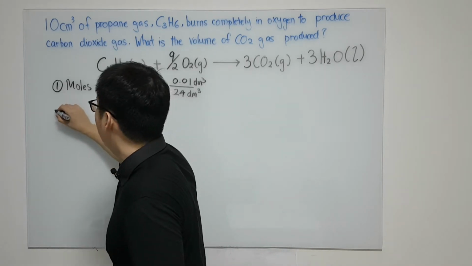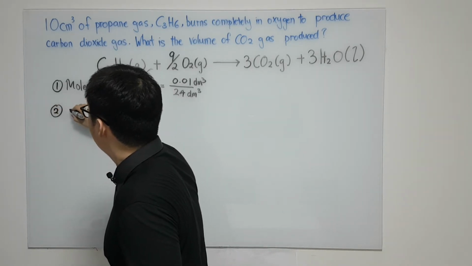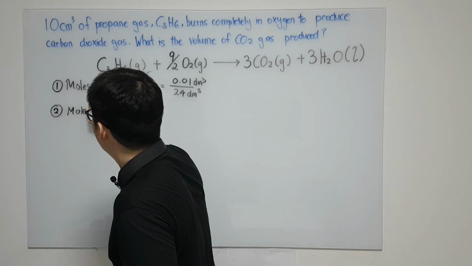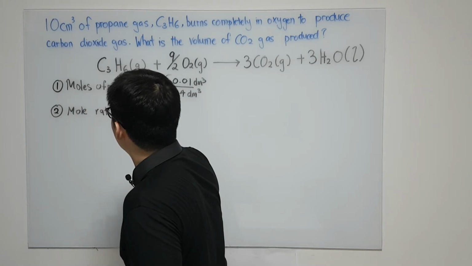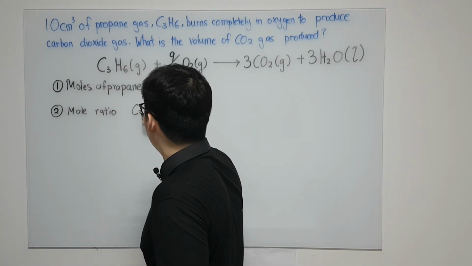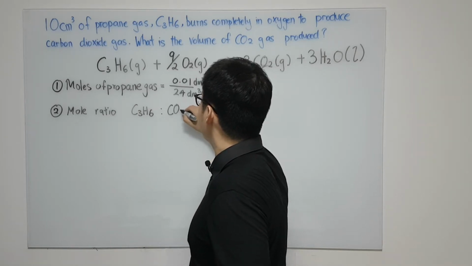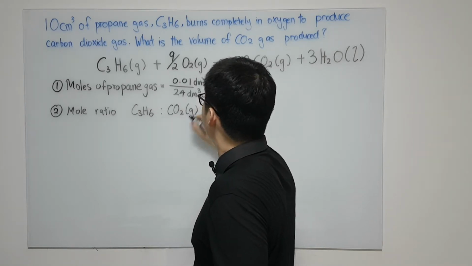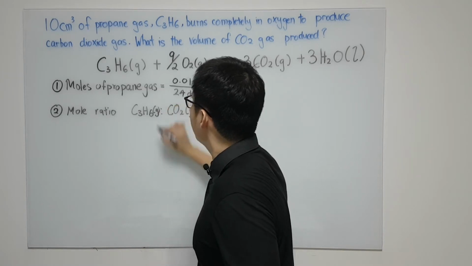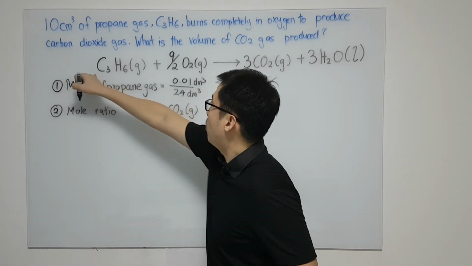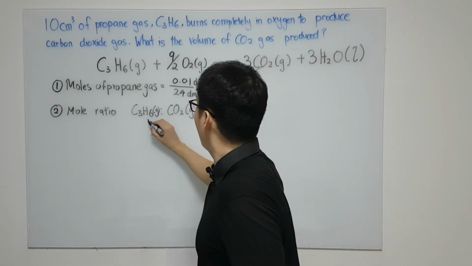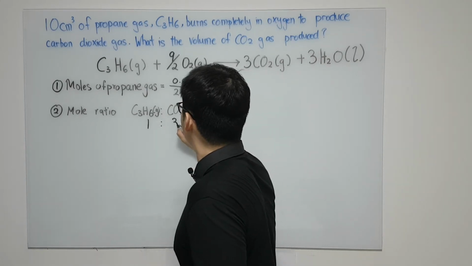So, subsequently, let's consider the mole ratio of my propane gas to my carbon dioxide gas. Take a look with me, this is actually 1:3.